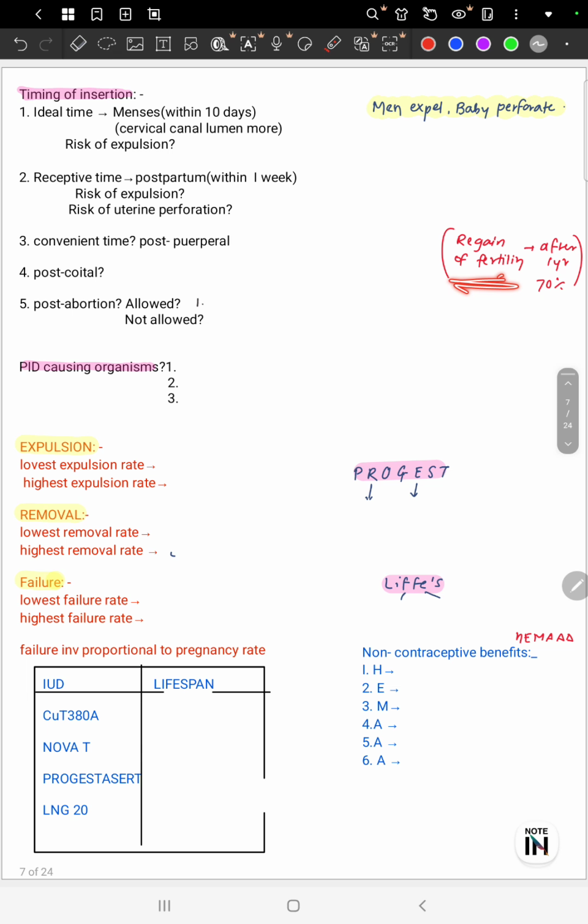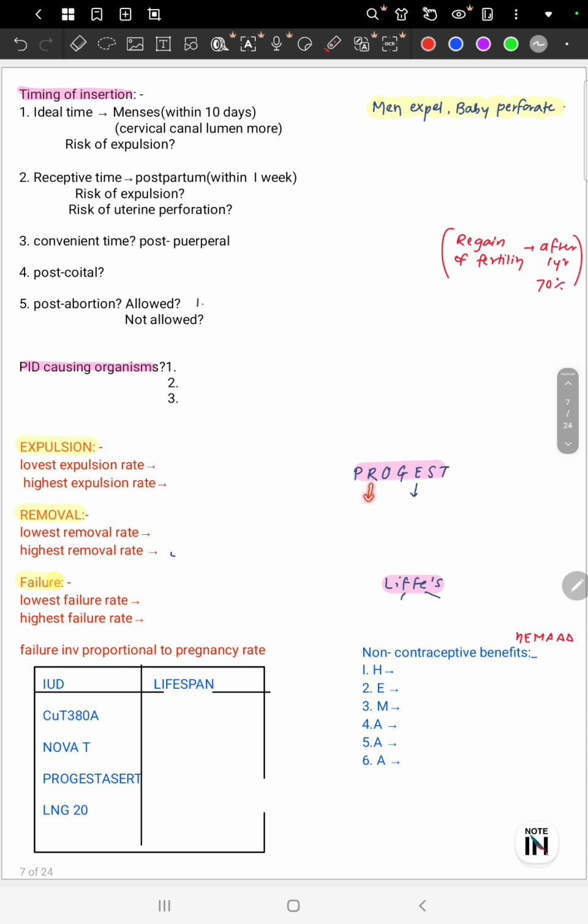Now very important, regain of fertility. Generally if the IUCDs are removed, then after 1 year, 70% of the women regain their fertility. Now, before moving to highest expulsion rate, lowest expulsion rate, highest removal rate, lowest removal rate, the mnemonic to remember this is progestasert.